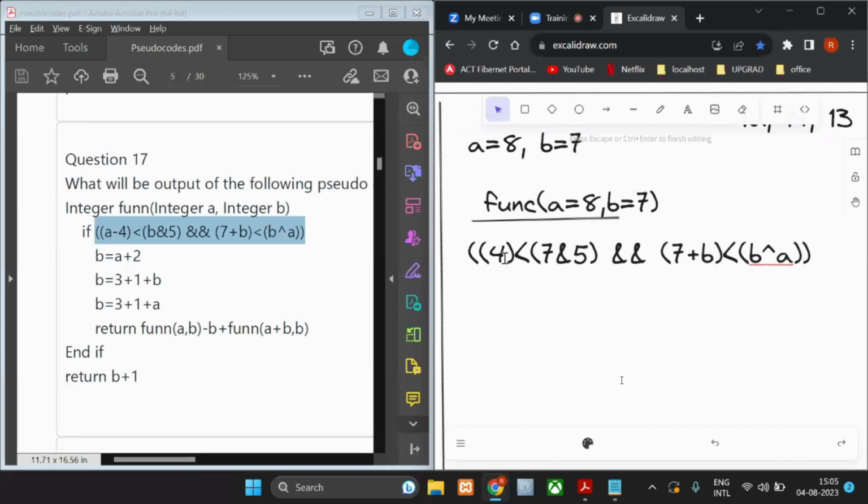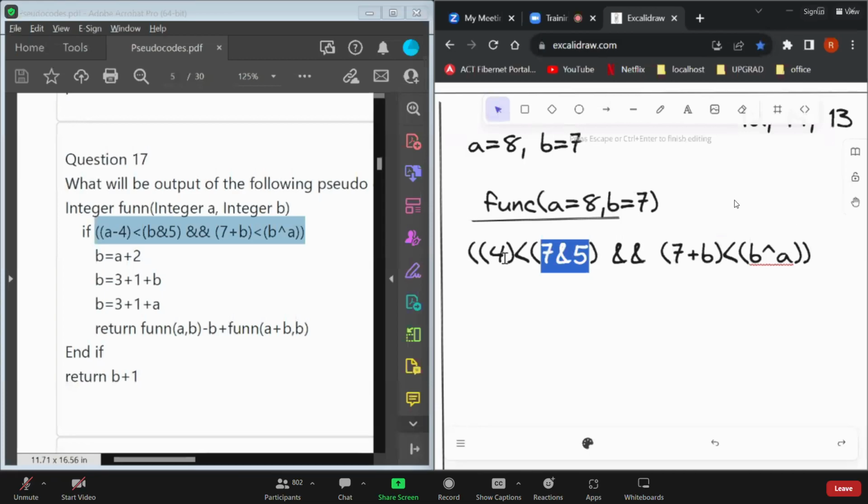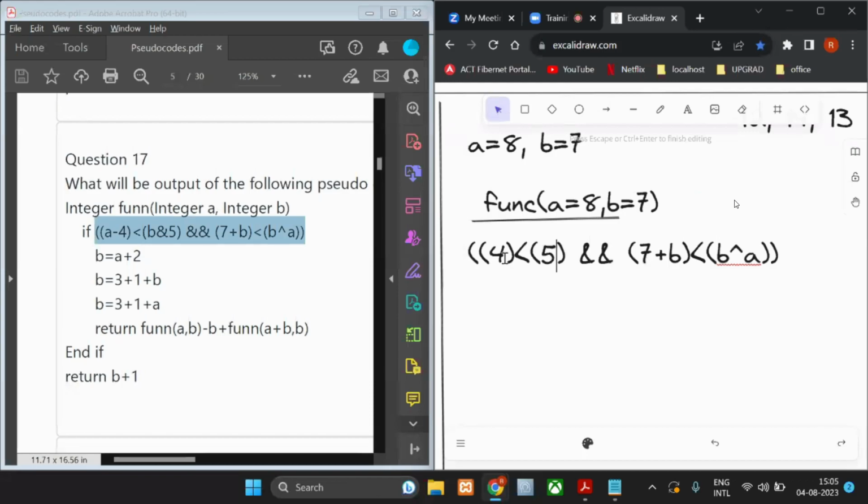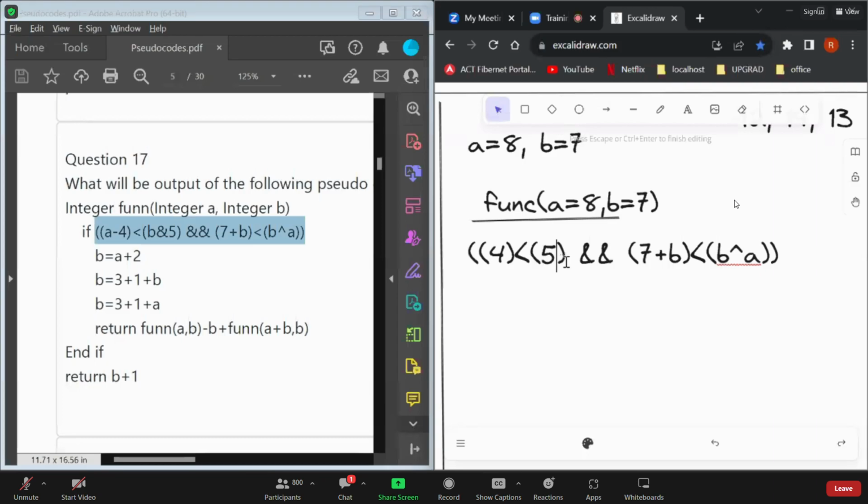Then 7 and 5. This is bitwise AND. When you calculate 7 and 5, you would get 5. I've taken the same example to explain bitwise operators, if you remember, 5 and 7. So 4 is less than 5. The condition holds true.